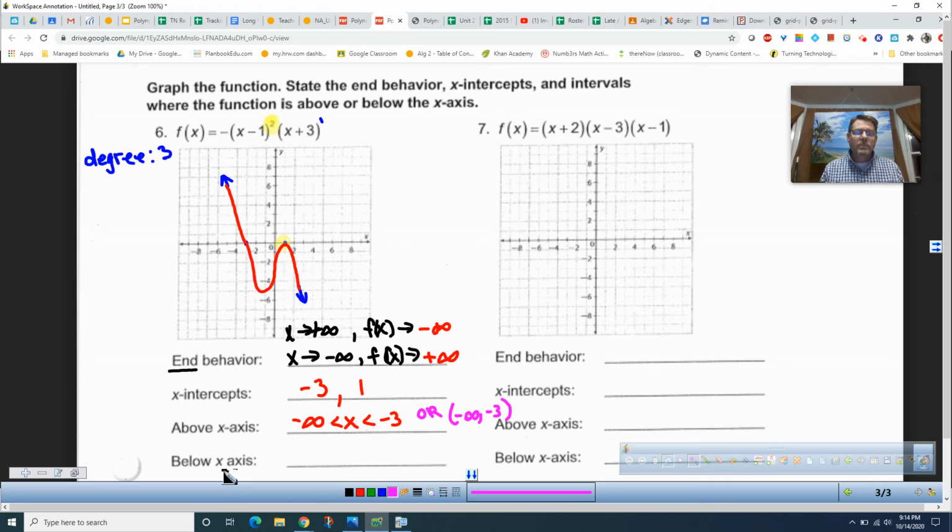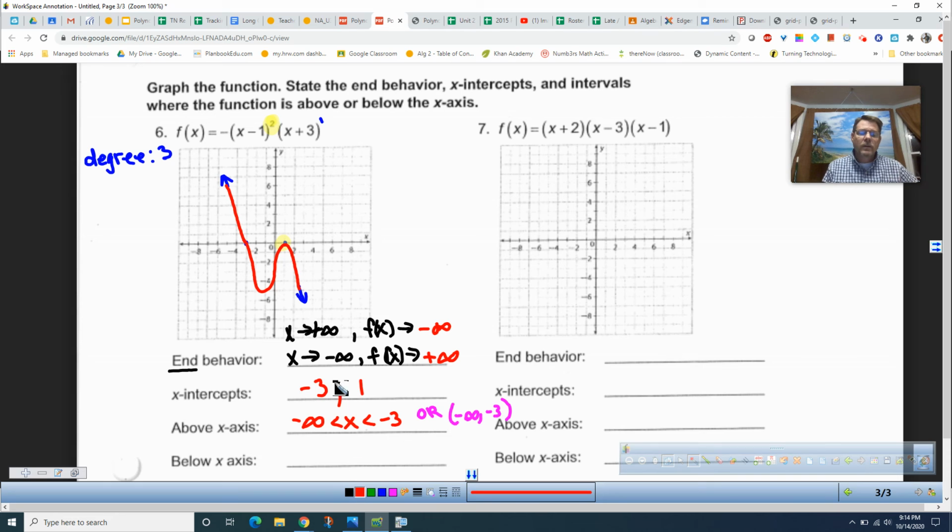So now it says what happens when the y's are below the x-axis. So where is that? Some of you might say from -3 all the way to positive infinity, but we forgot something. This spot, 1, is that below the axis? No, it's actually on it. You can't be on and below at the same time, so we're going to have to write this in two separate statements.